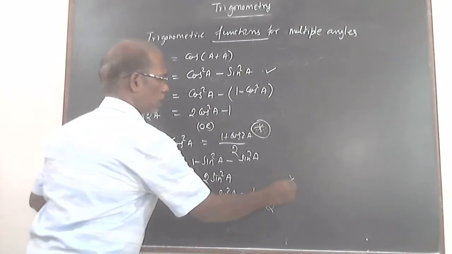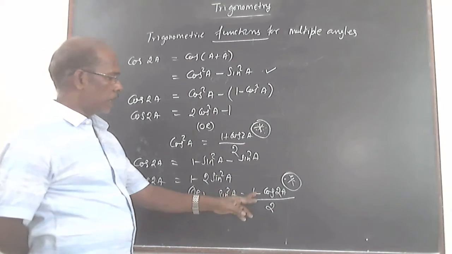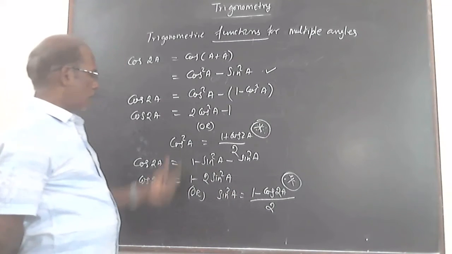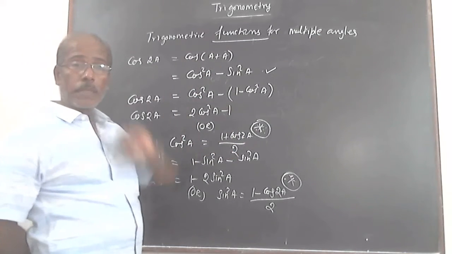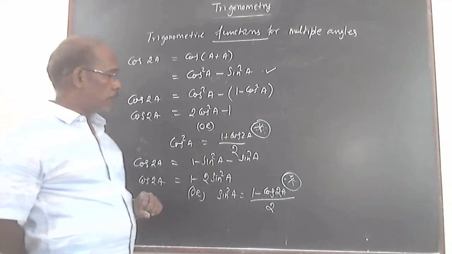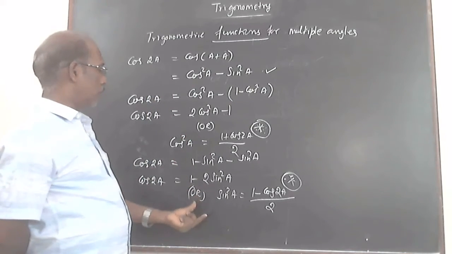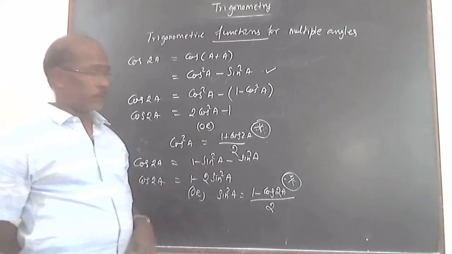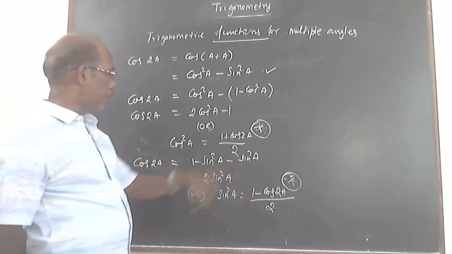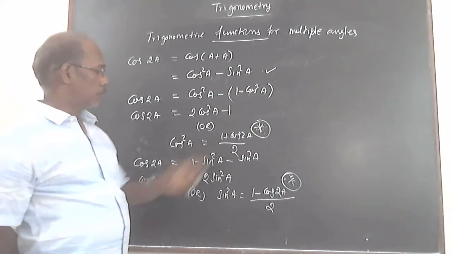This is another conversion, so sin square a can be written in terms of cos 2a, and cos square in terms of cos 2a. In integral calculus, we have to convert both cos square a and sin square a in terms of cos 2a. If we get uniformity and simplification, the integral part will be a simpler one.